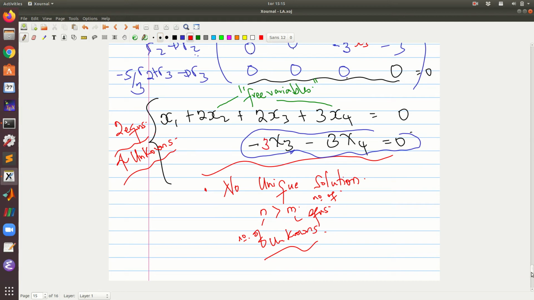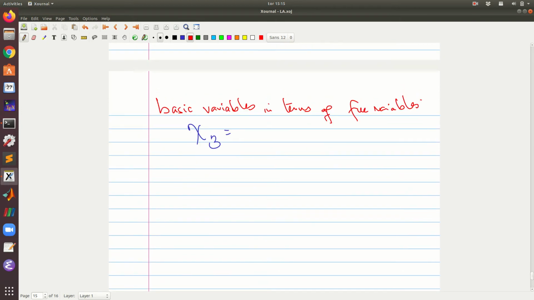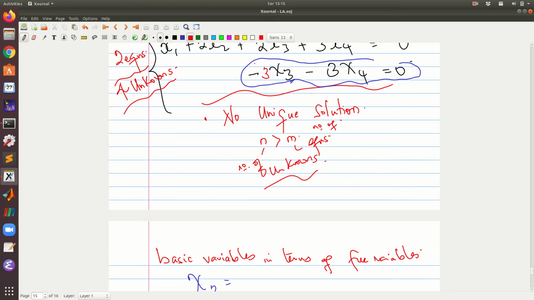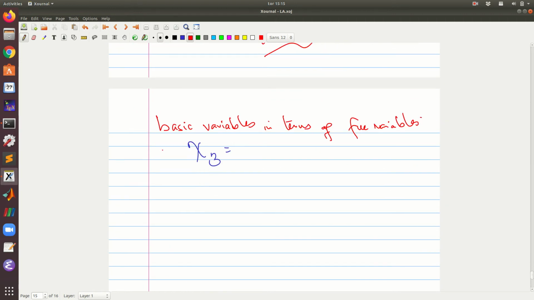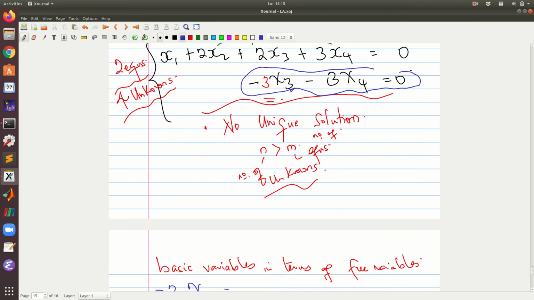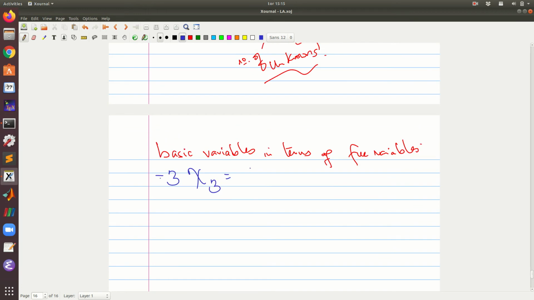Okay, I added it there. And now we are going to write the basic variables in terms of the free variables. So from this equation here, we see that -3x3 will equal 3x4, and that implies that x3 equals -x4.